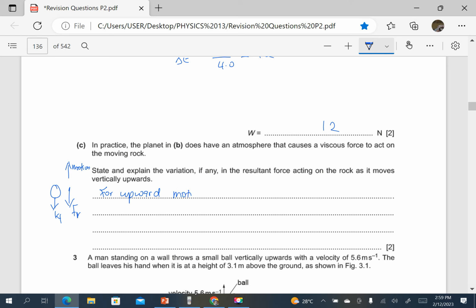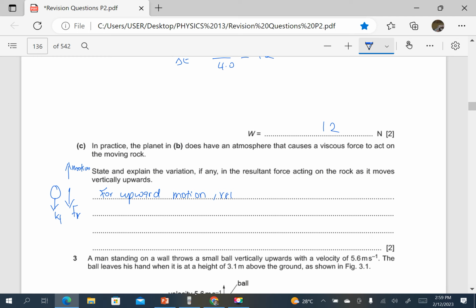but if it was falling downwards, the viscous force upwards would be increasing because moving downwards, the speed increases. For upward motion, the velocity decreases, so the viscous force decreases.